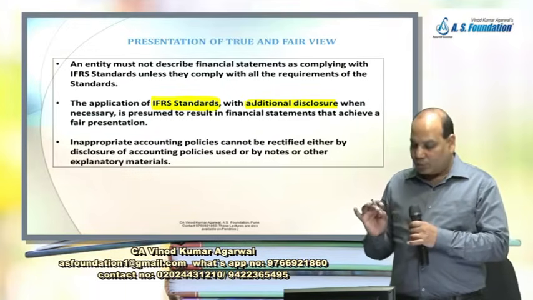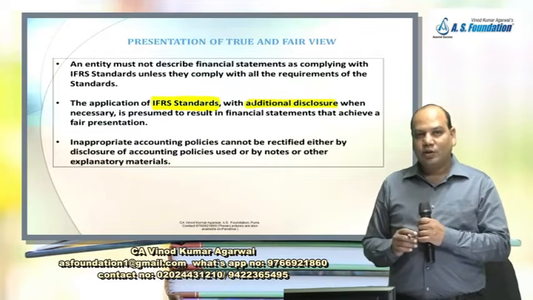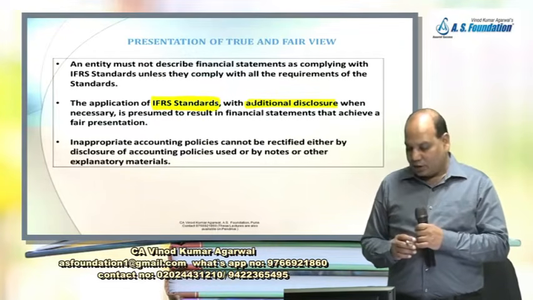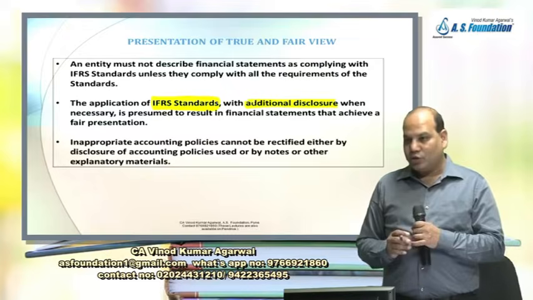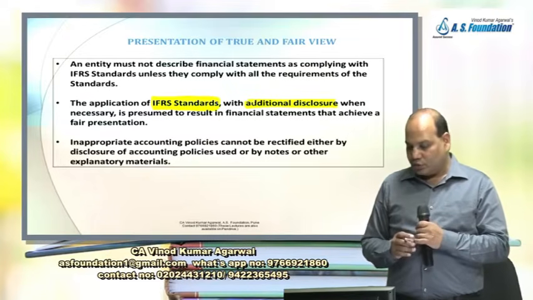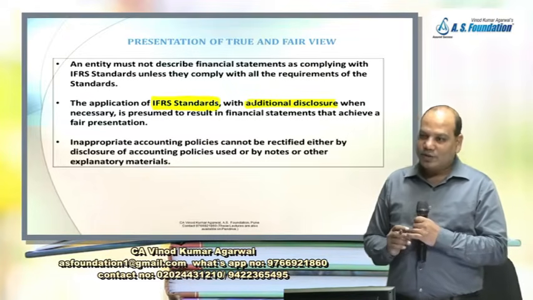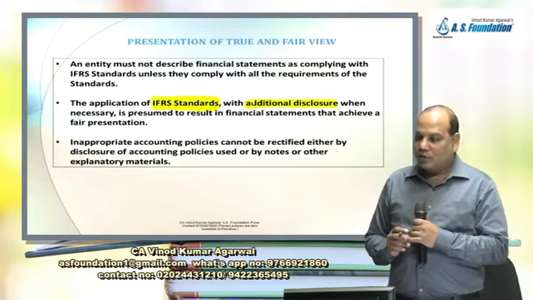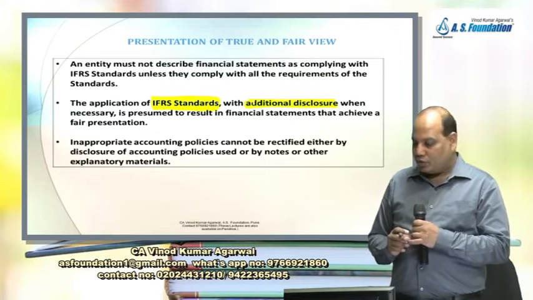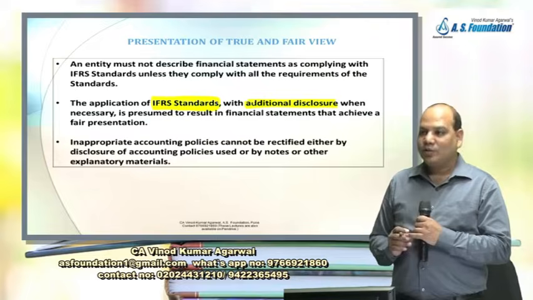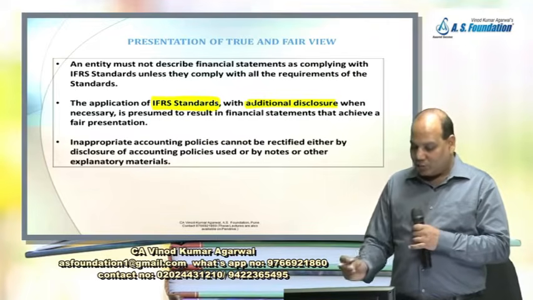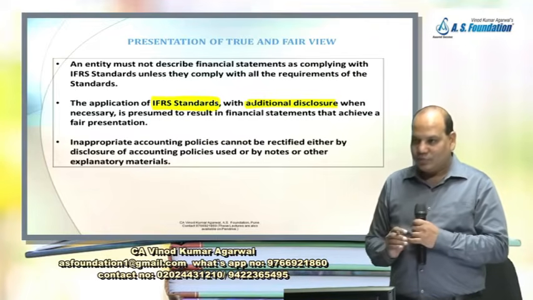Okay. Inappropriate accounting policies cannot be rectified either by disclosure of the accounting policy used or by notes or by explanatory statements. What does that mean? You can't justify a wrong accounting treatment merely by disclosure in the notes.